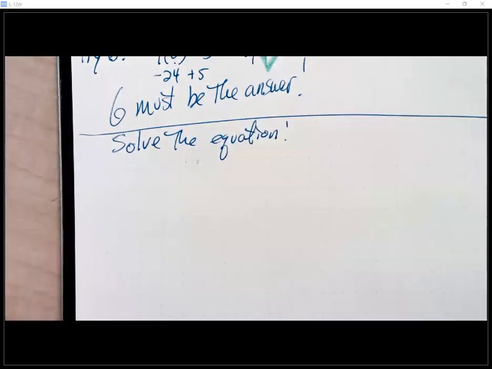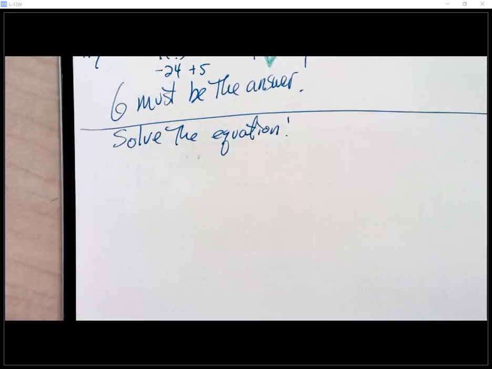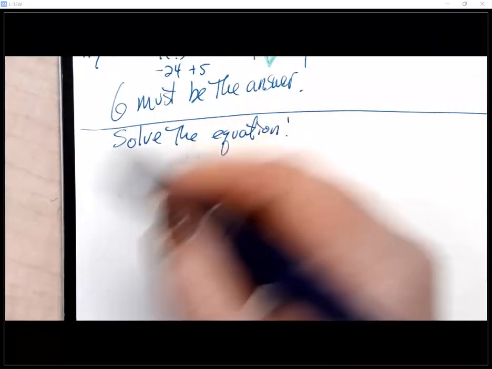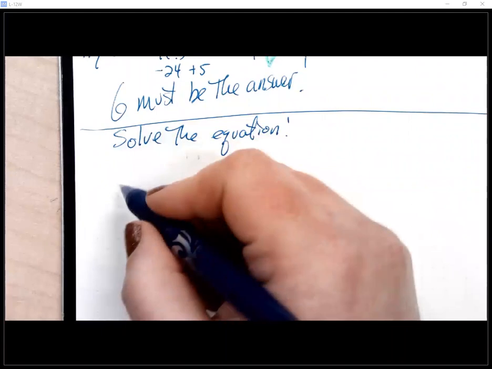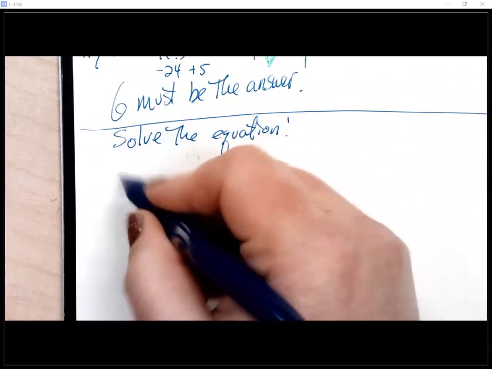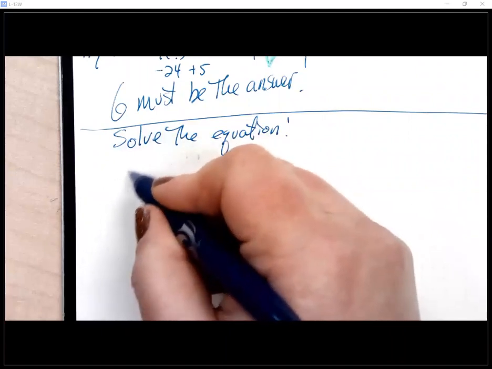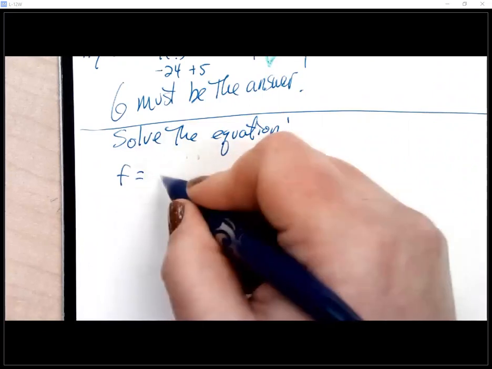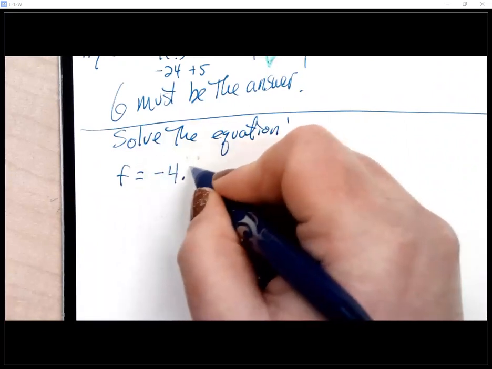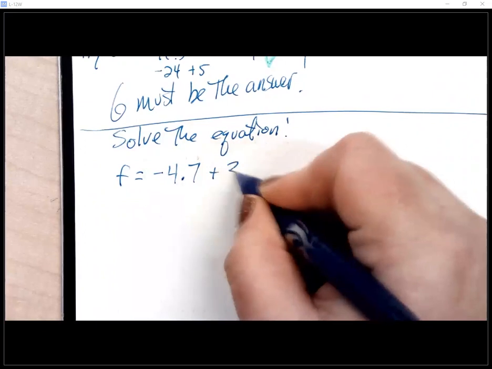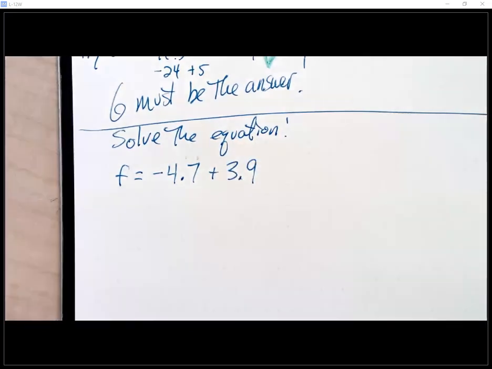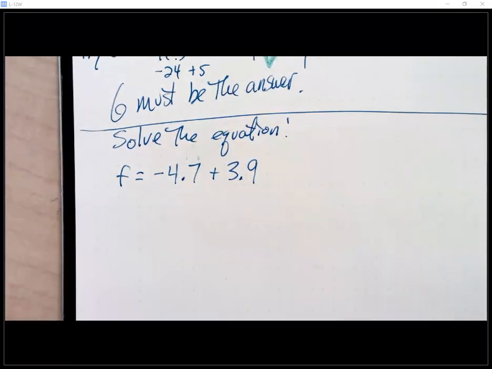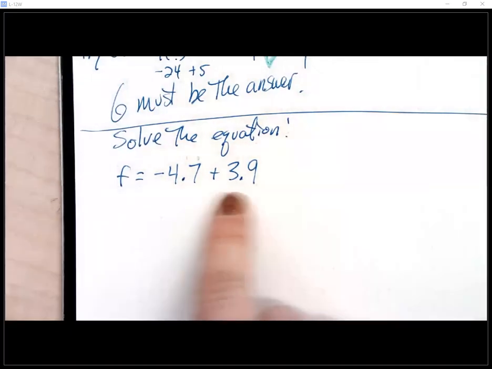The ones that you're going to see this evening will be something like, let's say F equals -4.7 plus 3.9. So I don't have a replacement set here. All I have to do is just handle the right-hand side of the equation. I'm just going to combine these two, and then there would be my answer.